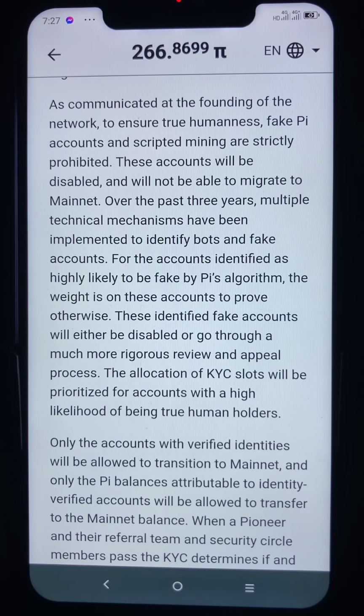Tsaka yun na nga, maiwasan na yung mga madadaya na gumagawa ng maraming accounts para ma-boost yung mining rate nila, yung gumagawa ng bots, gano'n, and then basta anything other than the real person mining in their mobile phones.